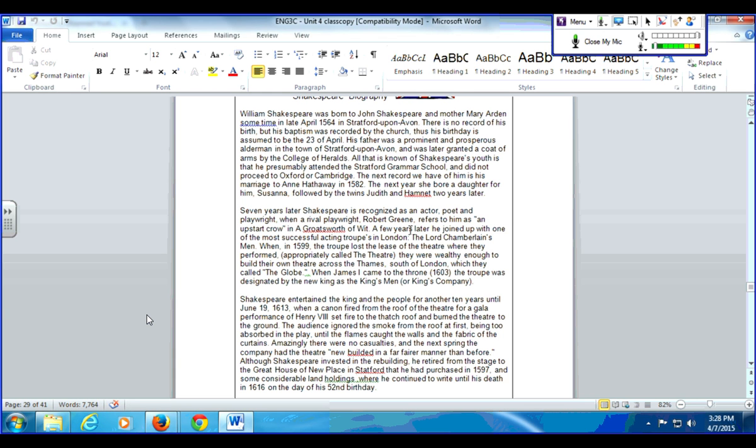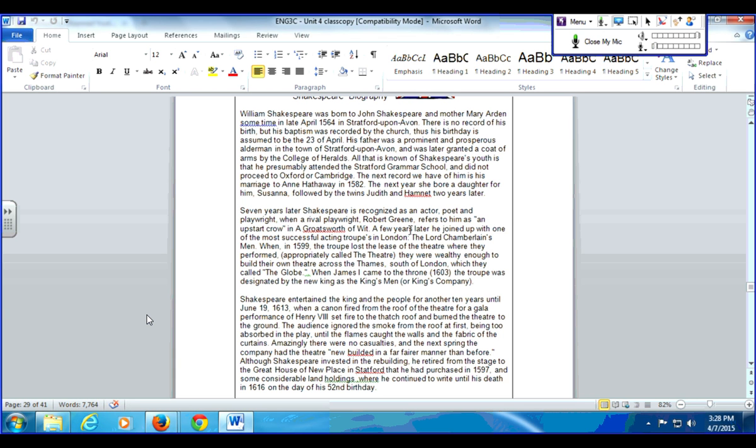All that is known of Shakespeare's youth is that he presumably, or is assumed, to have attended the Stratford Grammar School and did not go on to study at either Oxford University or Cambridge University.